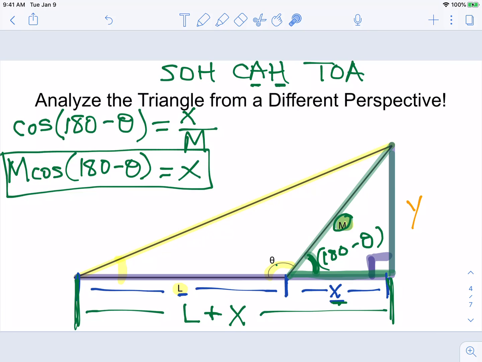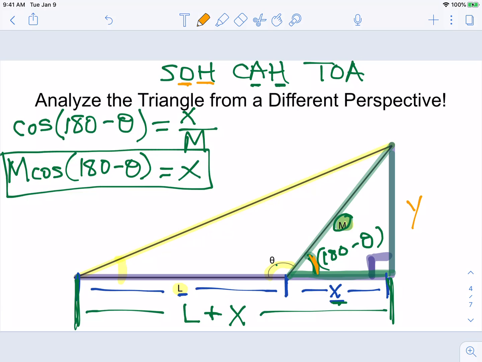So our next thought is, how do I get y? Well, I look and say, okay, I know this angle. Y is opposite that angle, and I know the hypotenuse. What trig function has opposite and hypotenuse? And I look up here, my SOHCAHTOA, opposite hypotenuse.